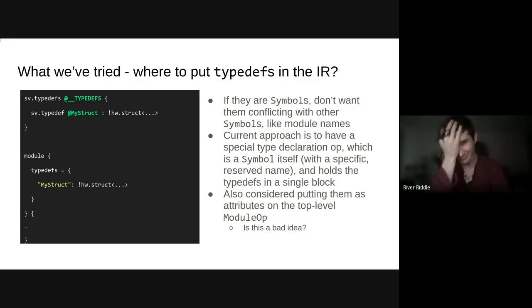I'm a bit worried about duplicate symbols because, to a certain extent, they're just attributes. There were also like 2,000 lines of code written to manipulate them.